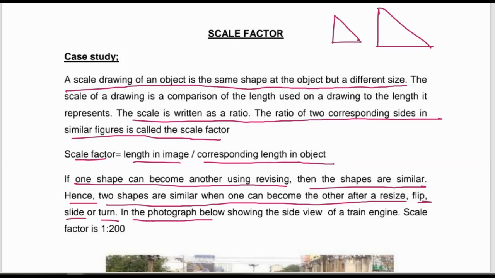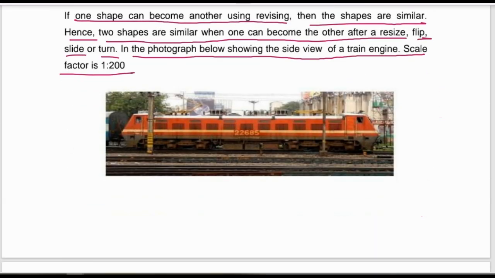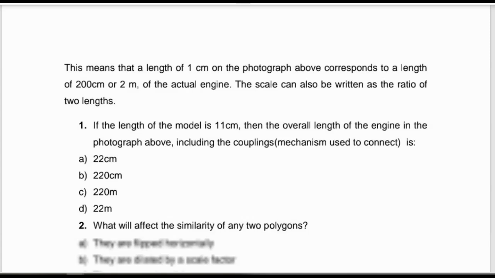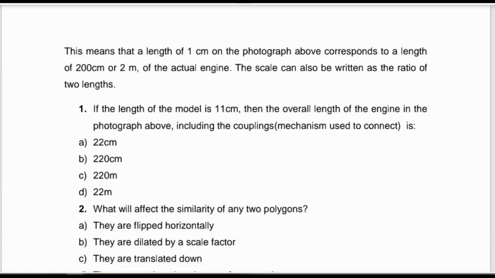In the photograph below, showing the side view of the train engine, the scale factor is 1 is to 200. So here they have given a train and the scale factor of this is 1 is to 200. This means that a length of 1 centimeter in the photo corresponds to a length of 200 centimeters or 2 meters of the actual engine.